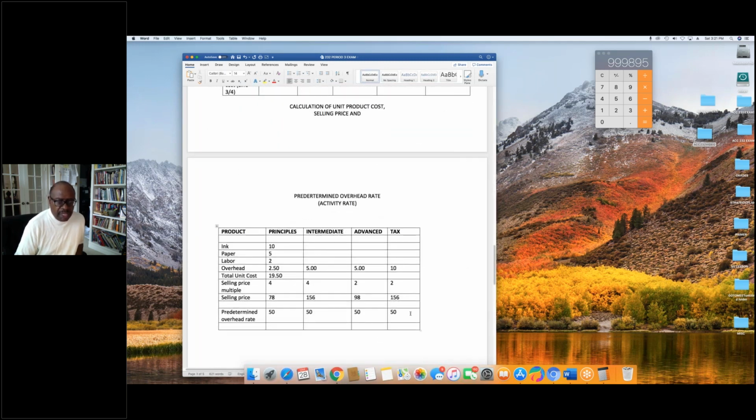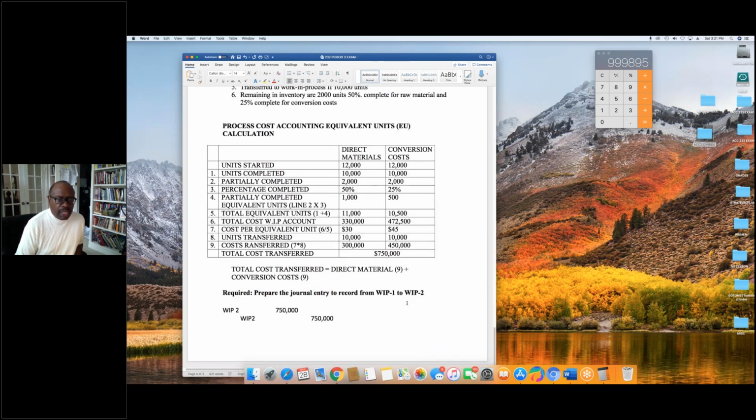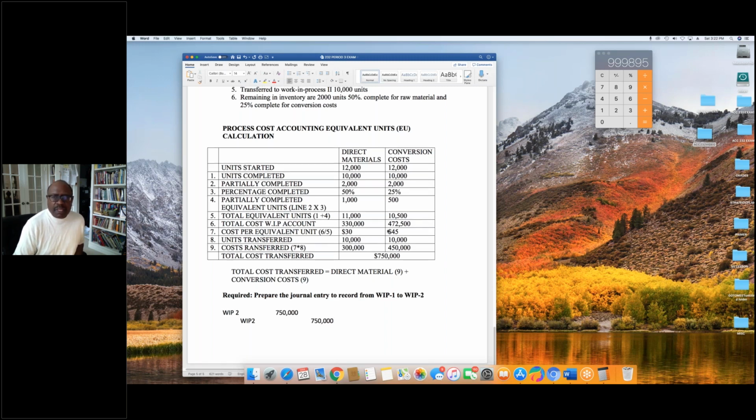Then you have to come through and determine the selling price for each book. And finally, process costing, where you determine how much is going to be transferred. So hopefully this information will be useful and helpful as you prepare for exam 3. Thank you.